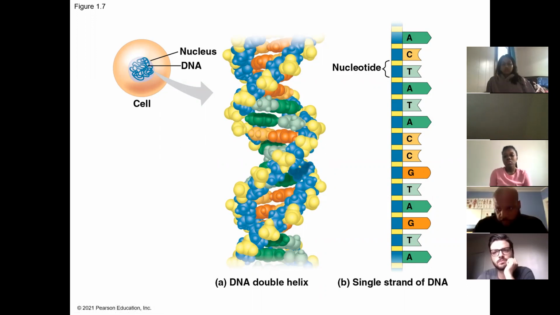There are two chains that wind over each other and connect. Chemical bonds keep these two strands together. Each strand is made of nucleotides, and there are only 4 of them. A stands for adenine, C stands for cytosine, T stands for thymine, and G stands for guanine.